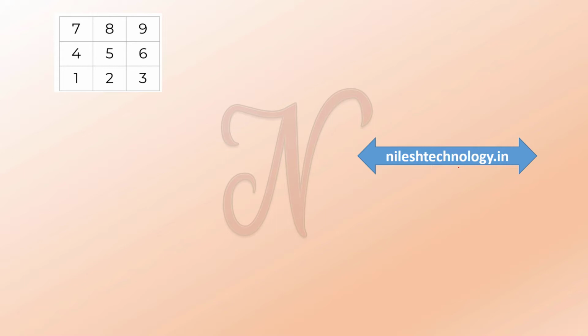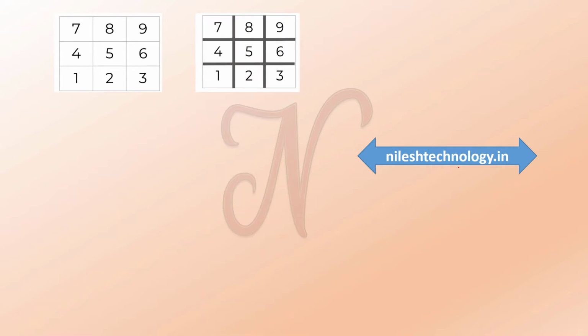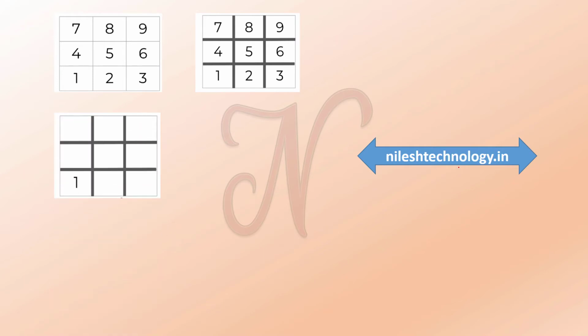If we draw the grid lines, these are your lines. Then it's going to ask, where would you like to place your X or O, and they will provide a number that corresponds to the tic-tac-toe board, and what we are going to do is print out the board with an X at that location.